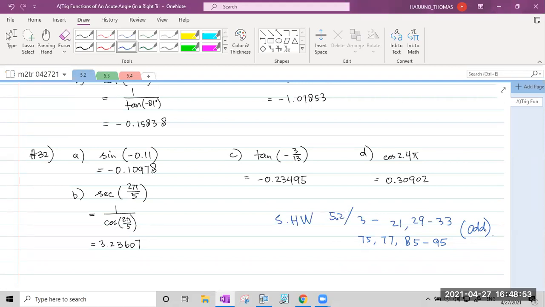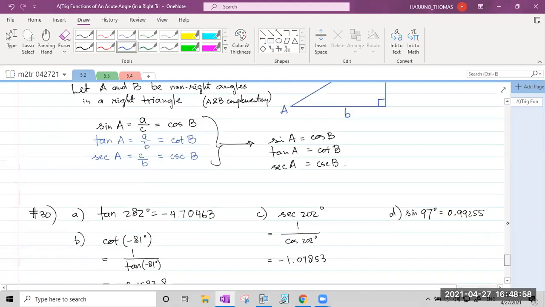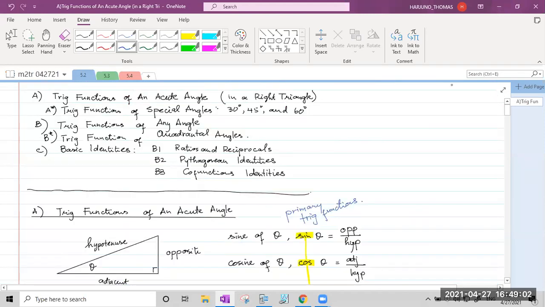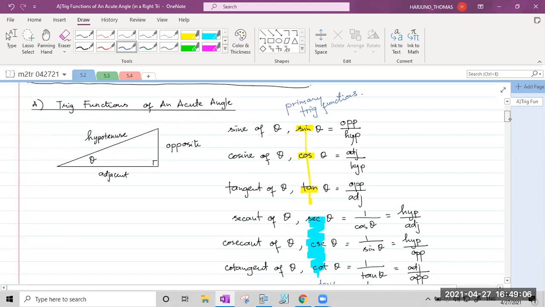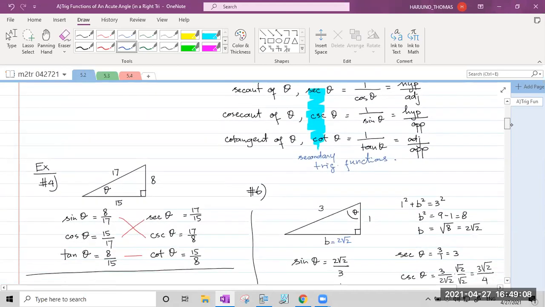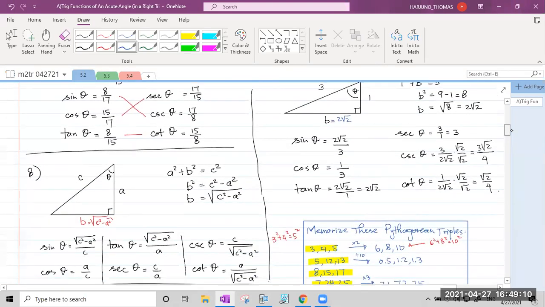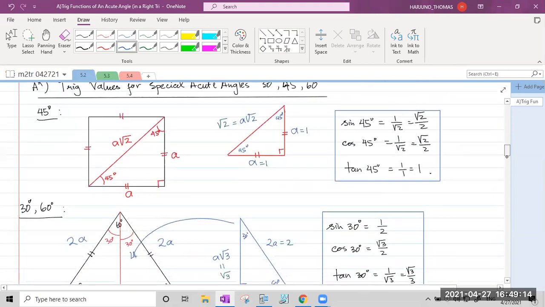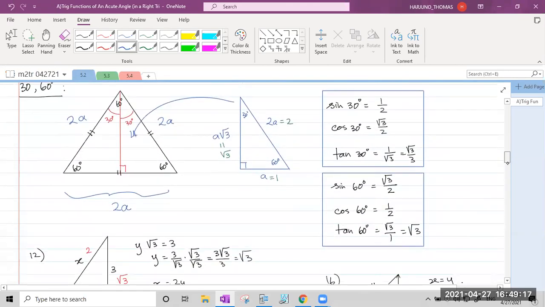Now, this is for this 9.2. I know it's heavy. It's a long section because I need to lay down the foundation for how to approach trig functions as an acute angle. And from there, we get the trig values for special acute angles.